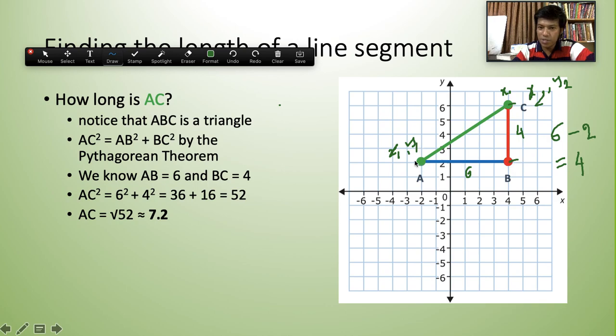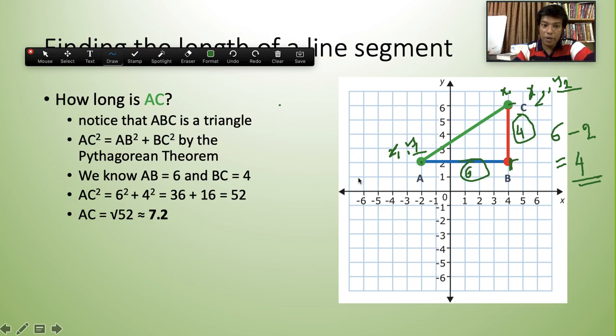This is 2, this is also 2. So basically we are doing y2 minus y1, which will give us 4. And to get this distance, we will have to subtract x2 minus x1. This is our x line, x2 minus x1. So basically this 4 is y2 minus y1, and this 6 is x2 minus x1.